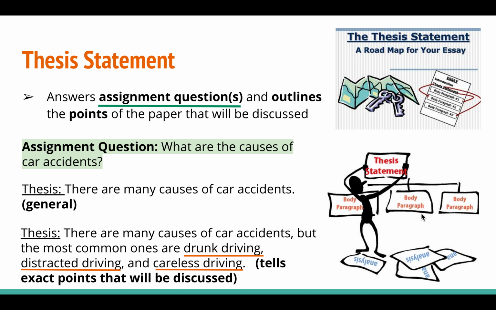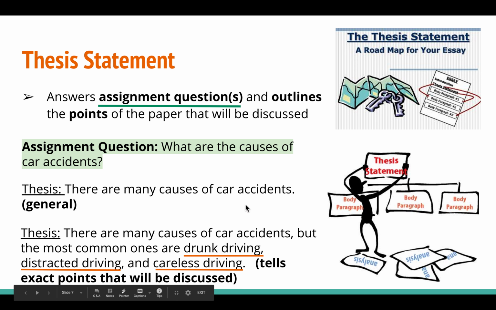Body number 2 will talk about how distracted driving, like using your cell phone or talking to your friend, causes car accidents. And then body number 3, can you guess what it will be about? It will talk about careless driving and how careless driving causes car accidents, okay?